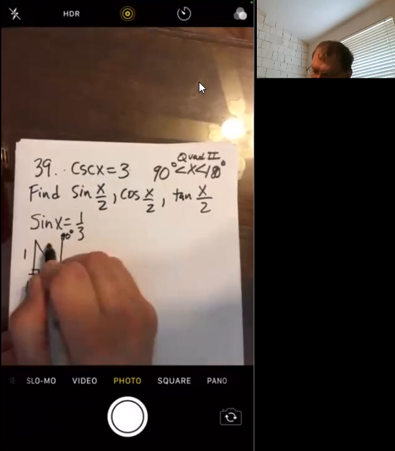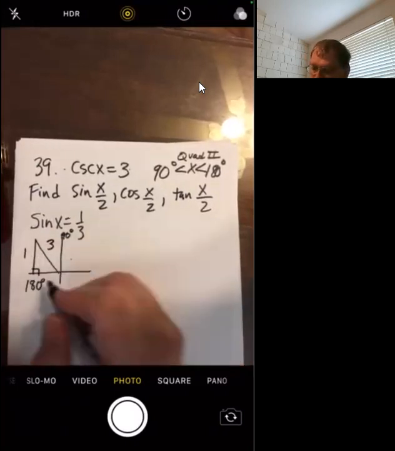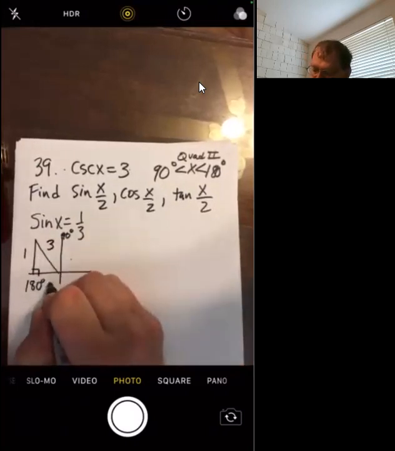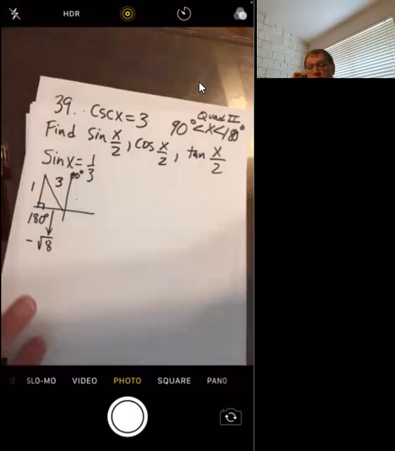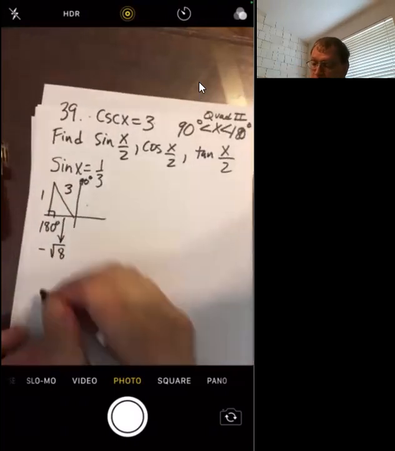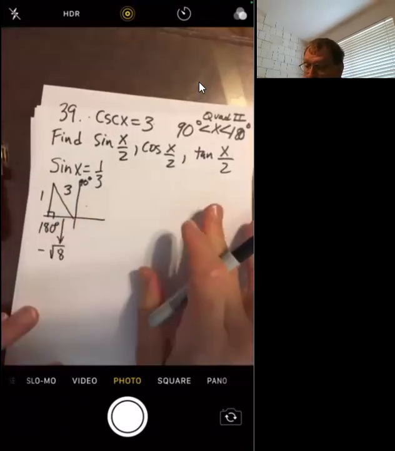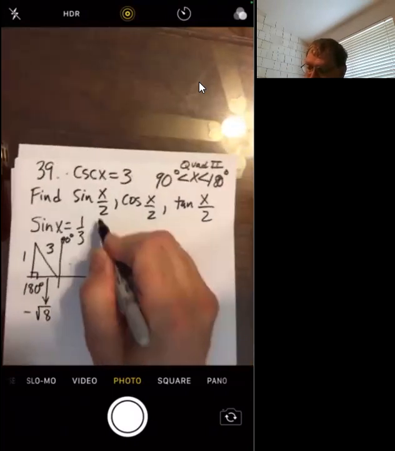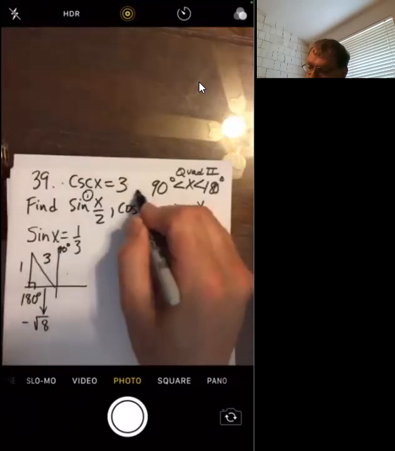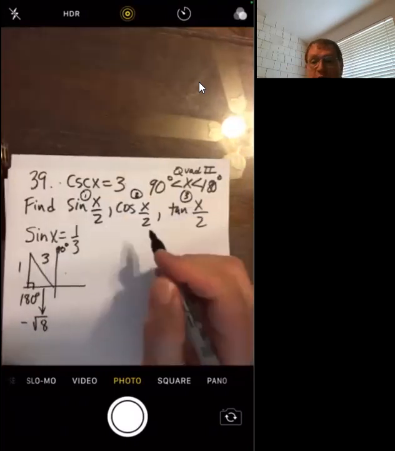Sine would be 1/3. Can you tell your x leg would be negative square root of 8? Hypotenuse squared is 9, minus 1 squared is 1. 9 minus 1 is 8, square root, and you're negative because you're in the second quadrant. That's for all 3 in one problem.